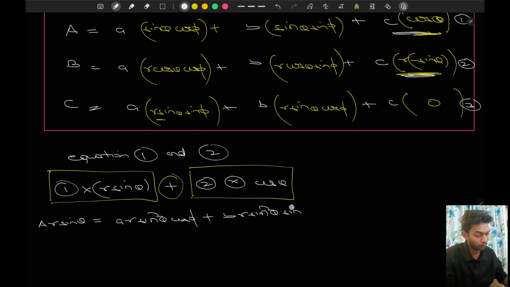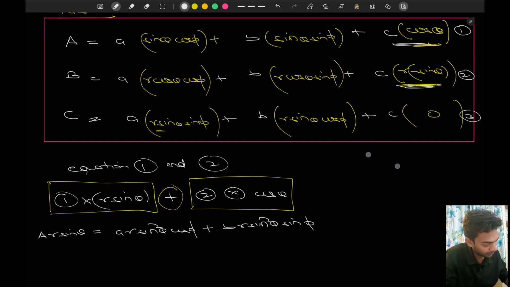I am really sorry for people watching on small screens because I have a lot to write and the space is really small. So I'm really sorry for that. And the C part would be CR sin theta cos theta. So this is my equation number 1.